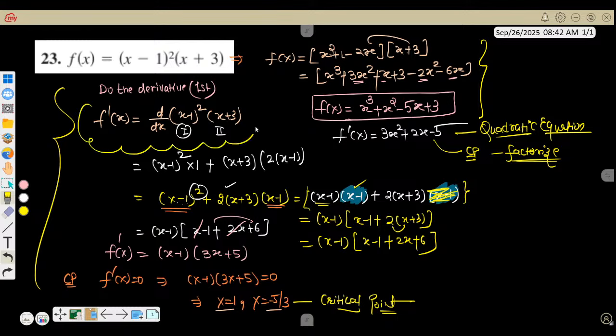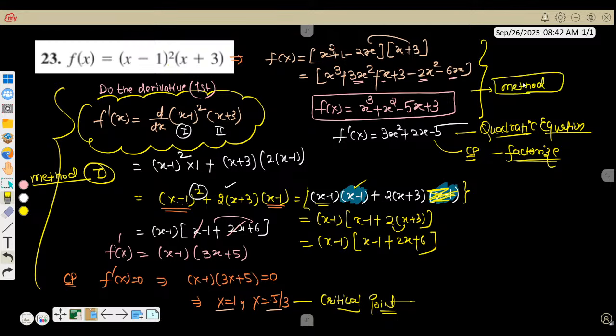Now you understand my point, why I'm telling this method number 1? Because method number 1 will give you the critical points easily. In this format, you have already factors present. You have to only put equal to 0.